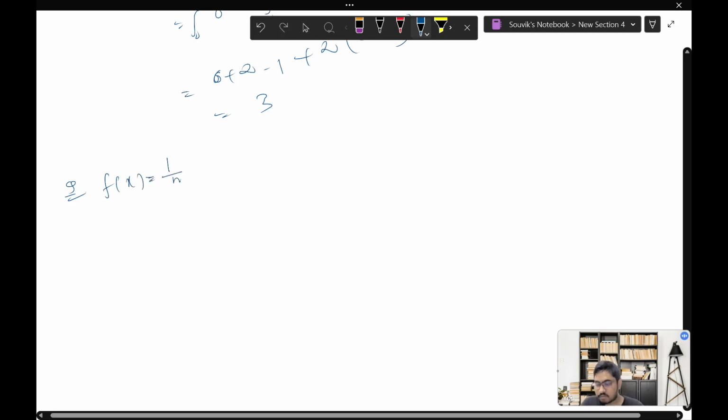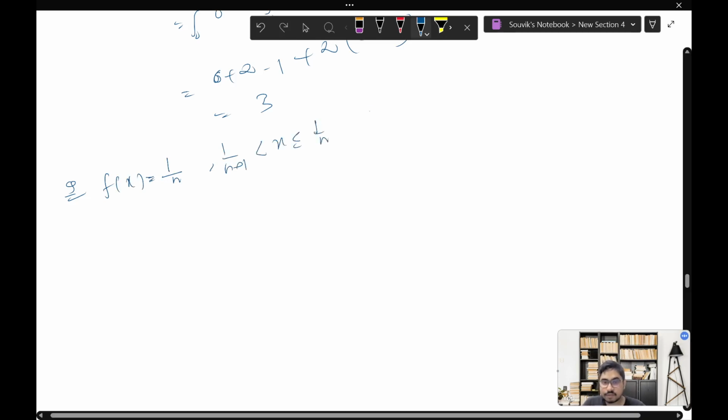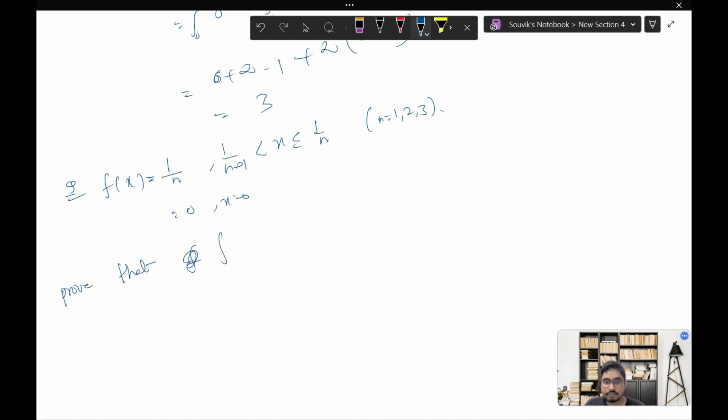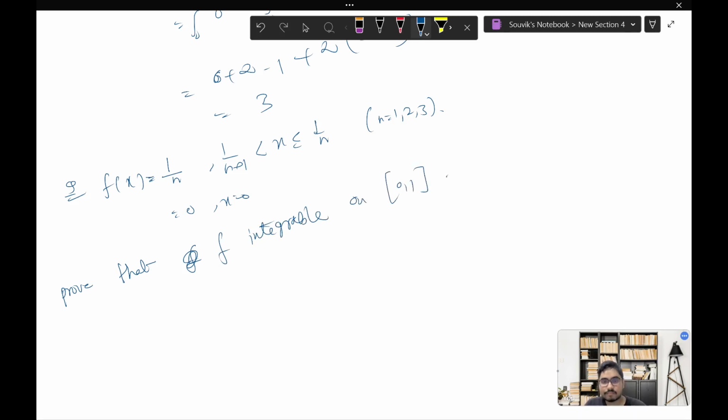Construct the function f equal to 1 by n when x lies in the interval (1/(n+1), 1/n], and 0 at x equal to 0. Show that f is integrable and evaluate the integral from 0 to 1 of f. Now, exactly the process of a similar sum.